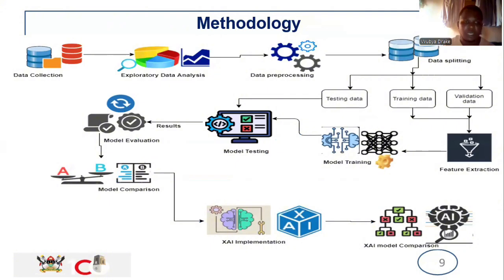We've done this through a number of steps, starting with data collection and exploratory data analysis. We've done data pre-processing, splitting the dataset, then extracting different features from the dataset for model training, then testing the model and evaluating these models we've created using different evaluation metrics like loss, precision, F1 score, and others, then compared the pre-trained models to see which one is best for the task.